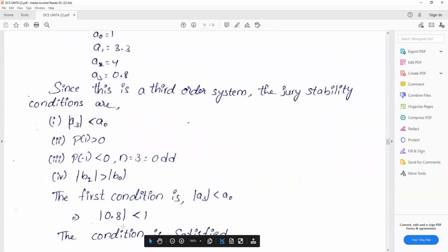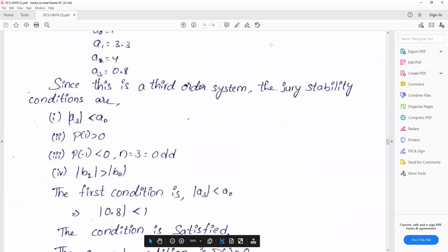These four conditions are used to find the Jury stability criterion. What is the Jury stability criterion? Four conditions. The first condition: the last coefficient, A3, modulus of A3 is less than A naught.